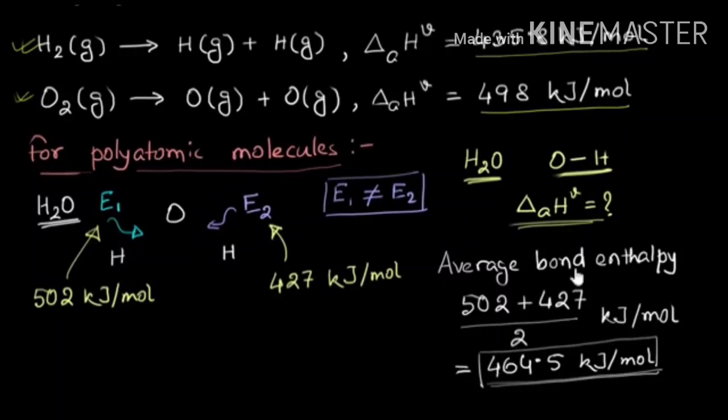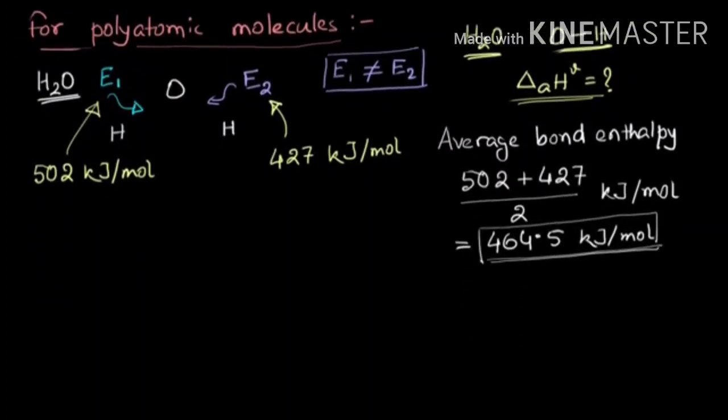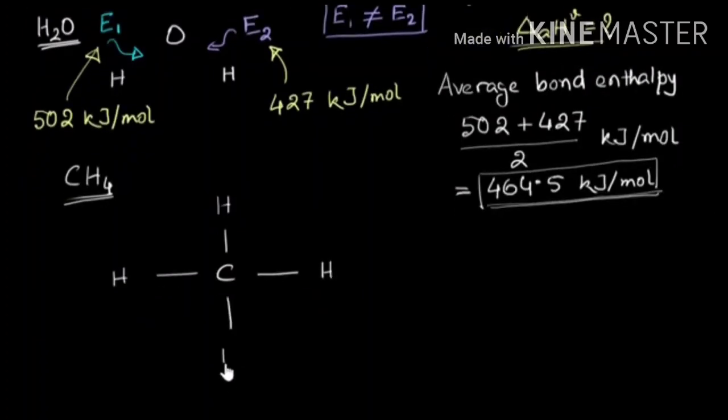Let us take another example of a polyatomic molecule, that is the methane molecule. For the methane molecule, there are 5 atoms, and in this case, carbon is the central atom and 4 hydrogen atoms are the surrounding atoms. They are all in symmetrical positions, and their bond angle is also the same, but the bond energy for all 4 bonds is different from each other.